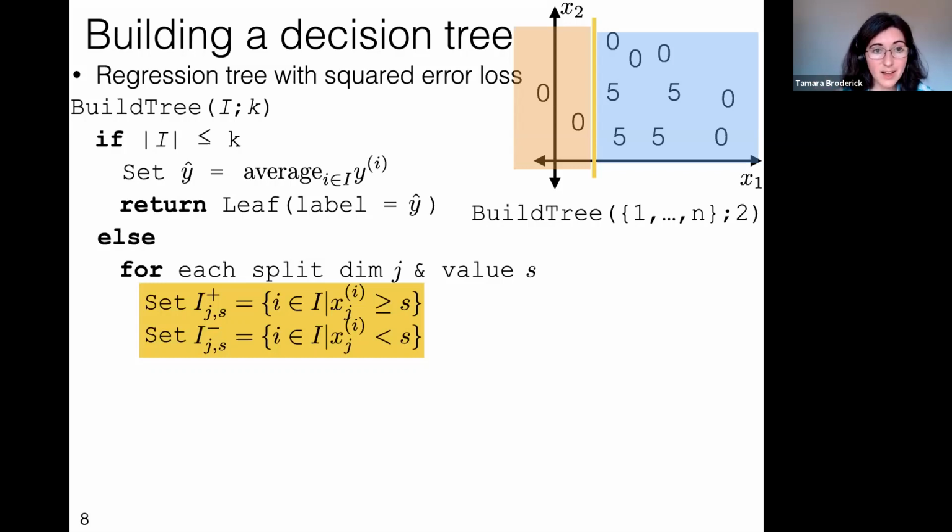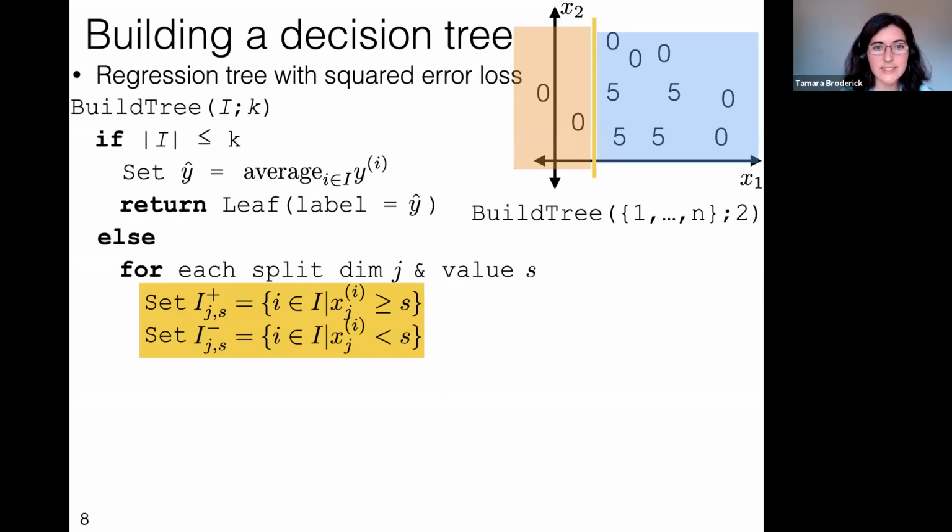For I plus, where xj is greater than or equal to s, it's 9 data points. And as should be the case, 9 plus 2 equals 11, our total number of data points. So that's what I plus and I minus are doing.